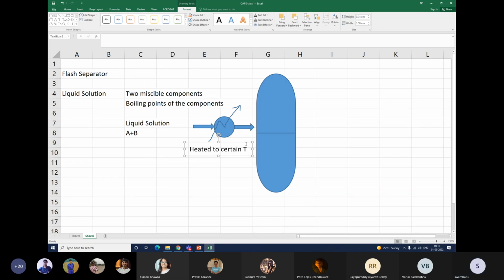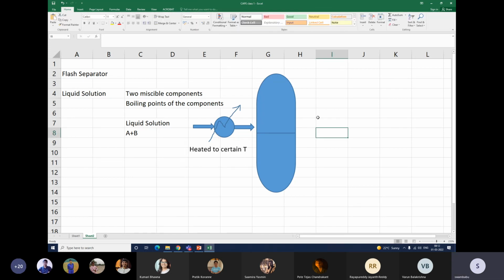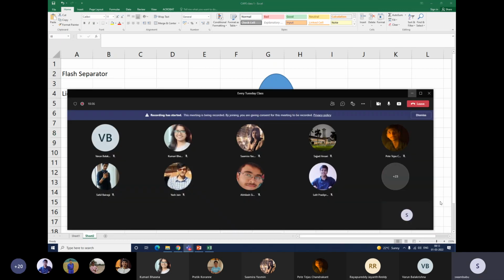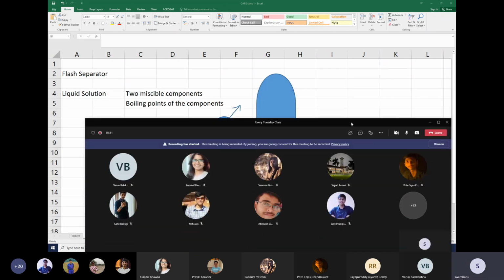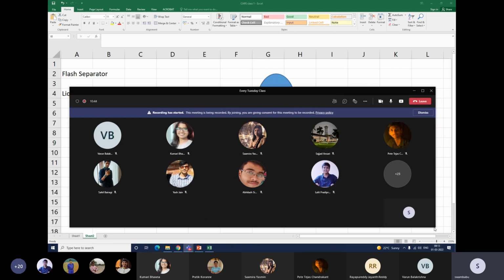If it is introduced to an empty chamber, what will happen to the pressure of that liquid solution in the empty chamber? It decreases. So when pressure decreases, what will happen?